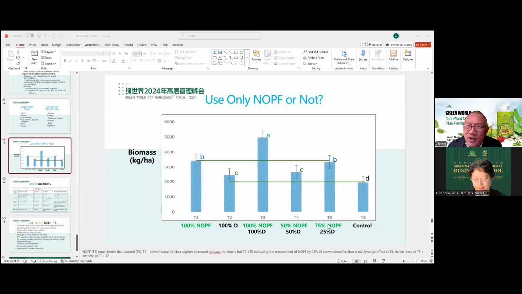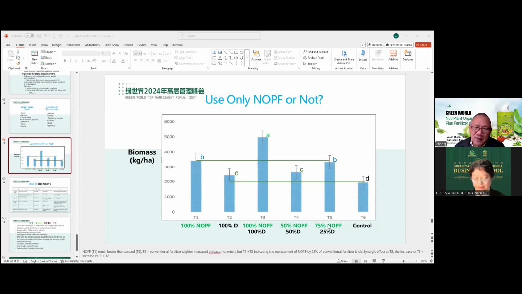Second important function is the amino acids. The amino acids are the building blocks of the proteins. If plants take nitrogen only, they have to synthesize this nitrogen into amino acids.